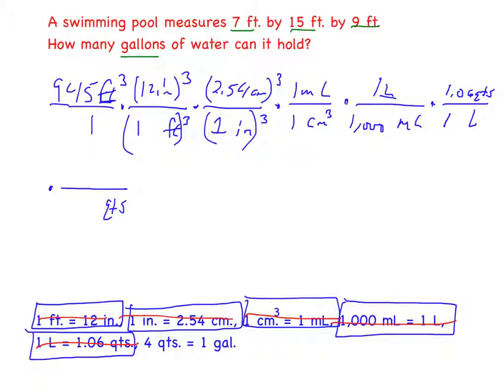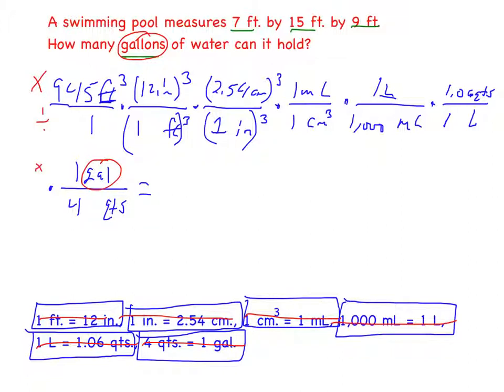So we'll look down here, the last conversion factor, 4 quarts is equal to 1 gallon. And we'll cross that last one out. Okay, so we ended up in the unit that we were trying to get all along, so that means we're done with the problem. We are ready to multiply on the top and divide along the bottom.